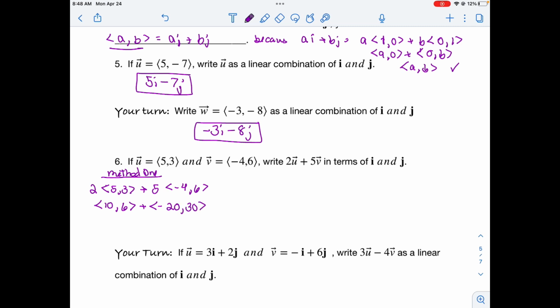And then add these two vectors together by adding the x components and then adding the y components to get negative 10, 36. Then convert that to i and j form. And so that's negative 10i plus 36j.